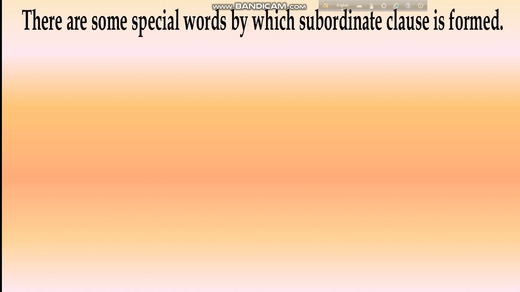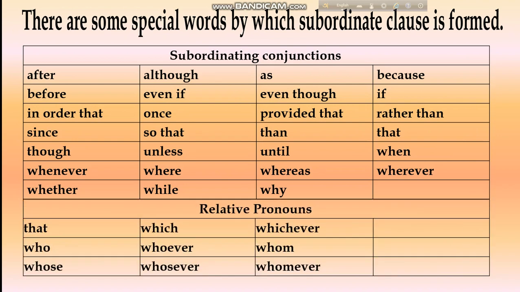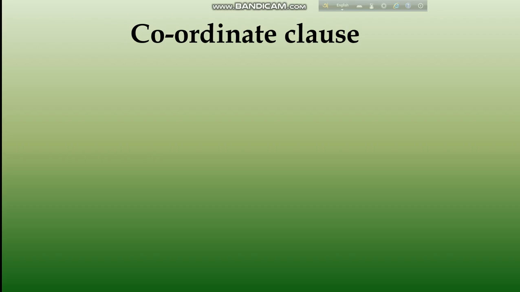There are some special words by which a subordinate clause is formed. Here you will see a structure, and the students will know about it. Relative pronouns: that, who, whose, which, whoever, whosever, whichever, whom, whomever.